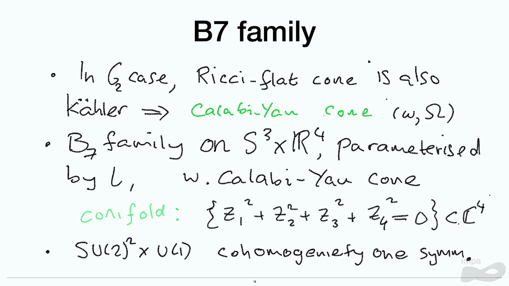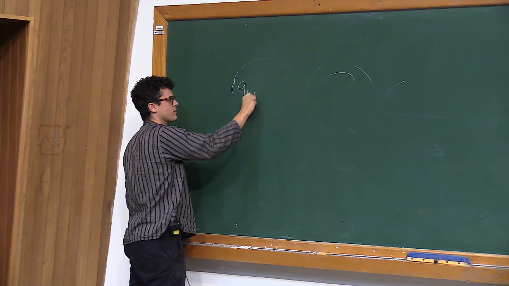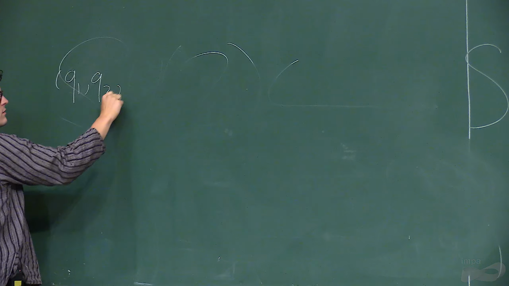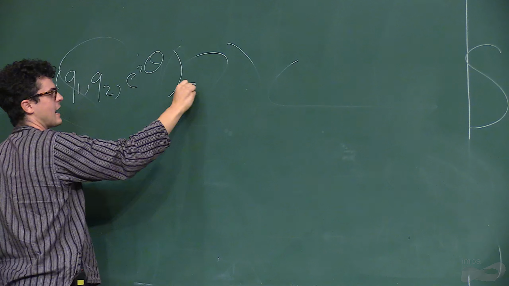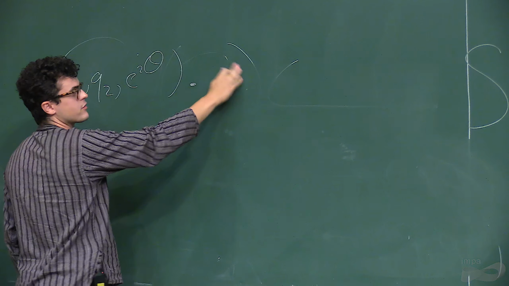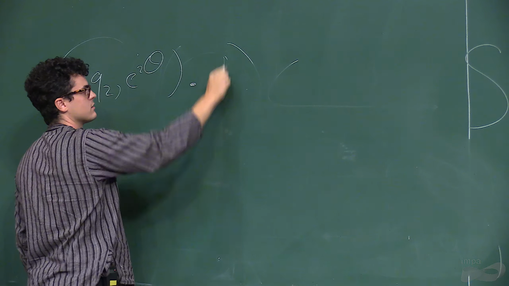I'm going to write down explicitly what that is, just for people who are interested. So this acts on S3, thought of as SU2, times the quaternions.